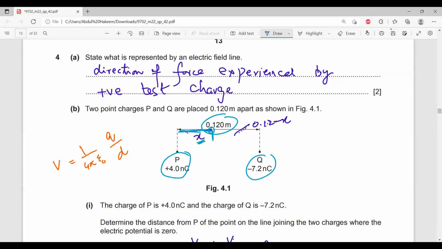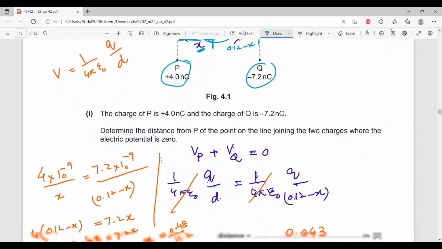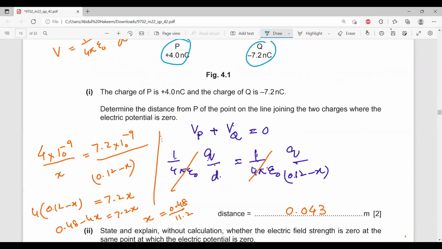Then the distance from Q will be 0.12 minus x, total distance minus x. So here the potential is 0, meaning one of the potentials is positive and the other is negative, so the resultant is 0.